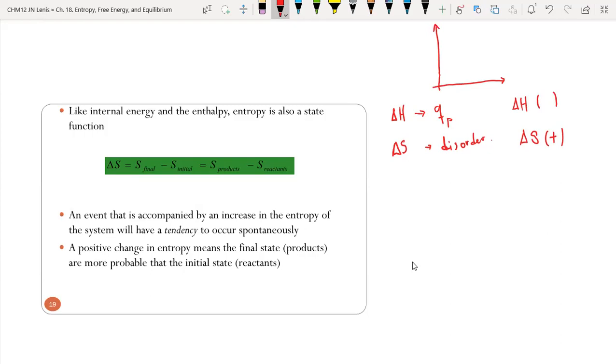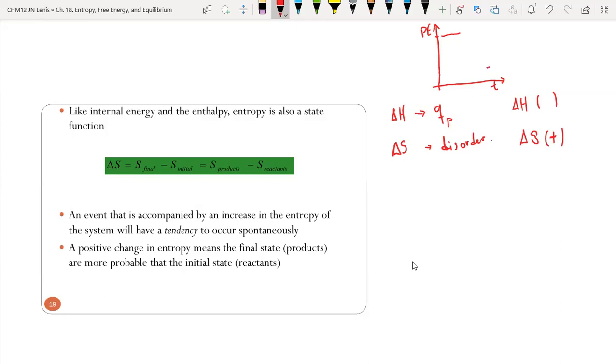For that, I need to draw something that I mentioned before, a potential energy diagram. Potential energy against time. So we're talking about chemical species having this potential energy here, that's the initial state.